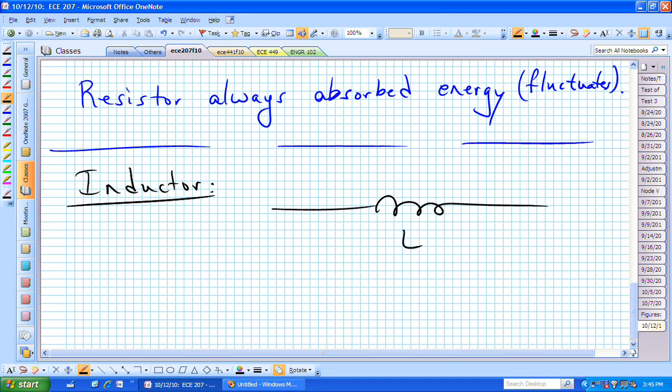With a value of L. The passive sign convention will be used. There's the current. There's the voltage. Instantaneous. And remember what we have. What did we derive last time for the impedance of that inductor? What is this complex quantity Z sub L?